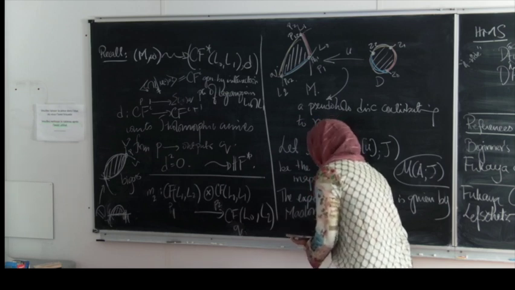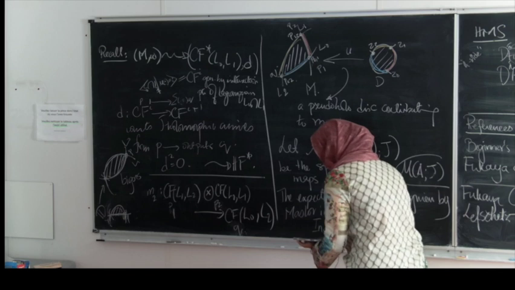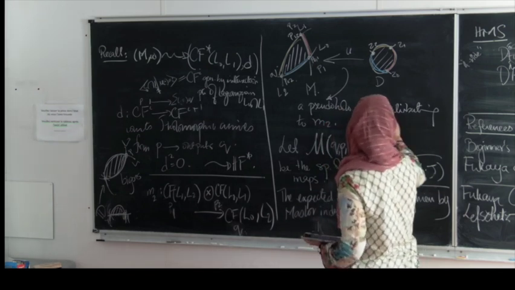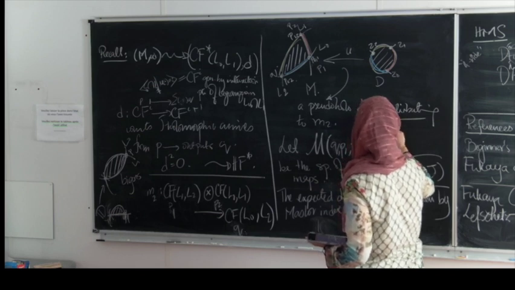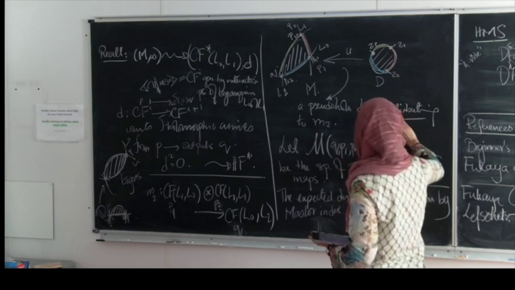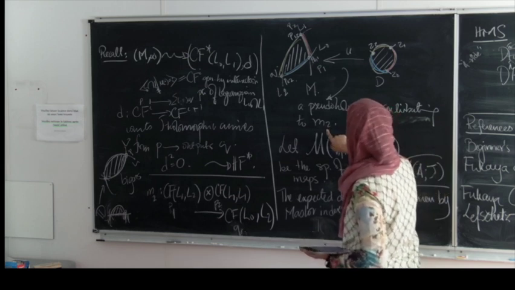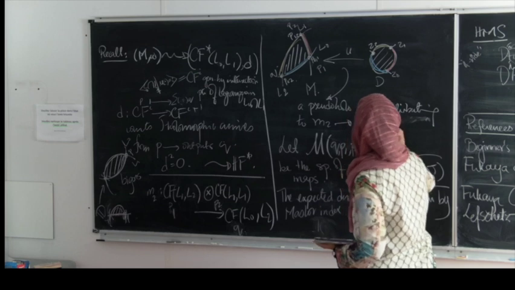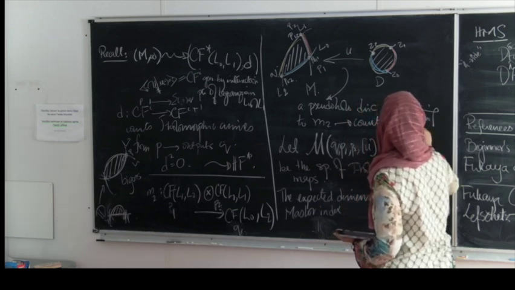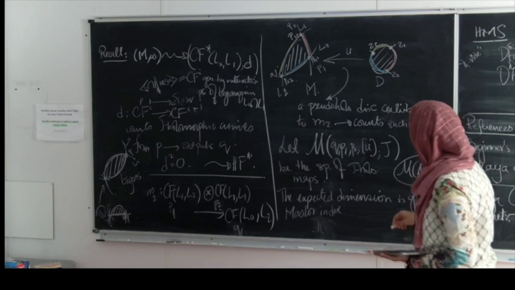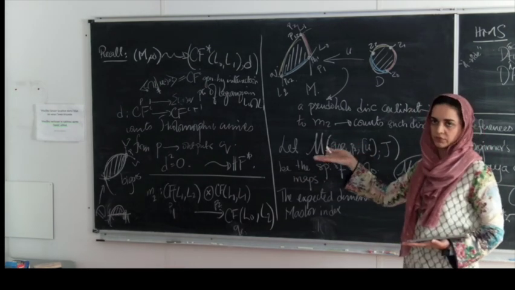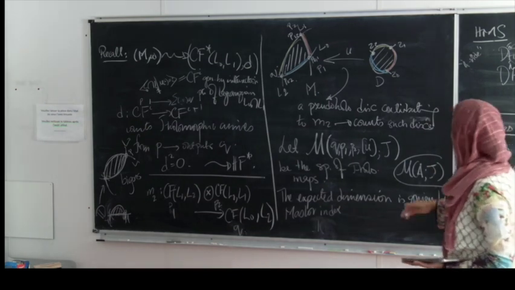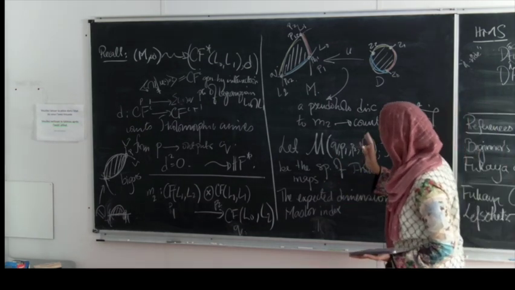Which means that, because this M2 counts such disks, and to be able to count, we want this to be compact and of 0 dimension. So you start with this set as usual.